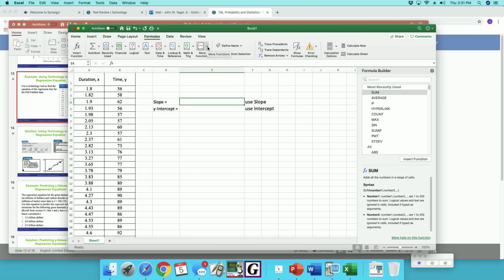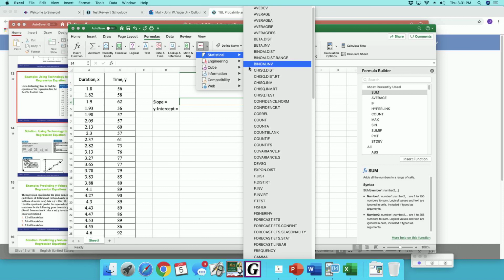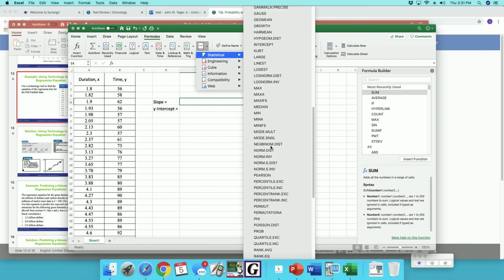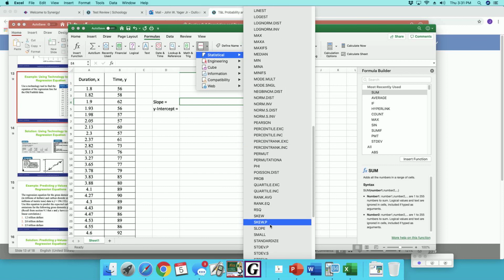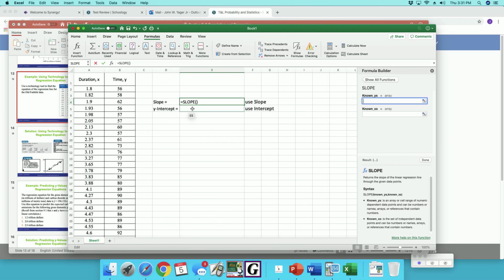So you just have to look for the function called slope. So I'm going to click on here, go to statistics, go to S's for slope. There's my slope. Now in here, they want all the Y's. So I'm going to highlight all my Y's.